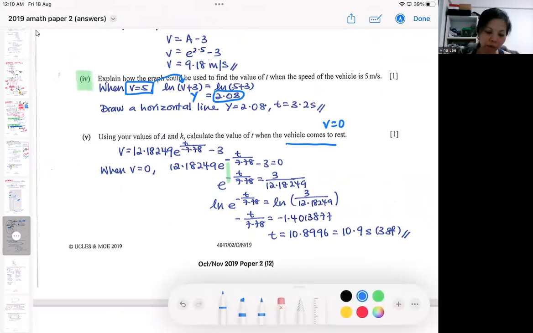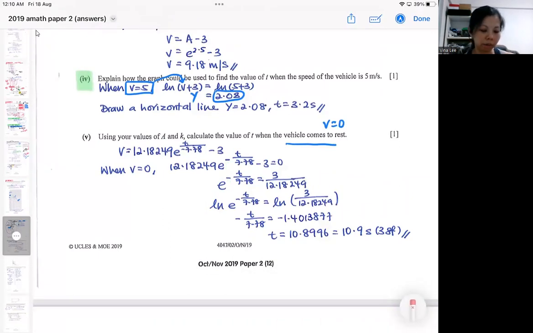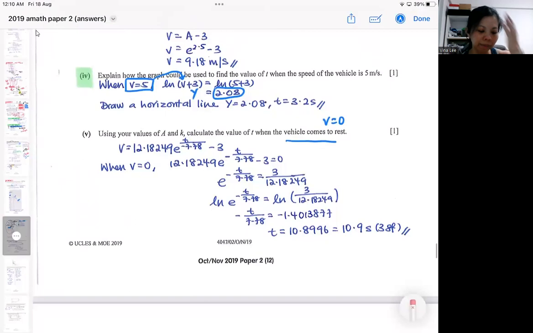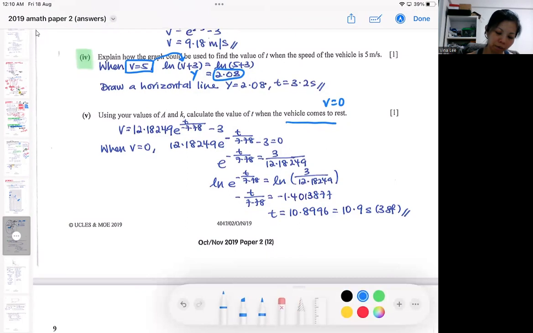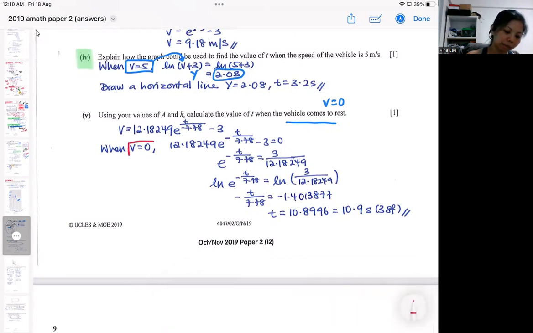Then I will equate the whole expression equal to 0. It looks very troublesome because there's a lot of decimals, but it's actually not so bad. You can just use your A and K, put them back into the original equation. Then you substitute v equal to 0 and eventually you find the time.